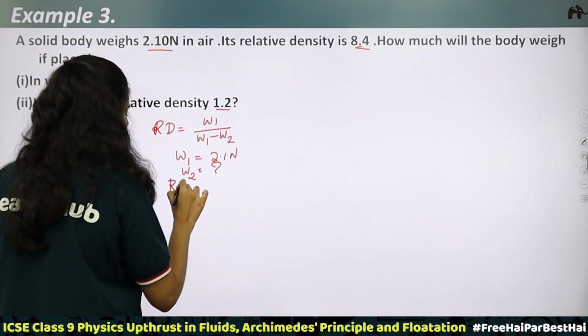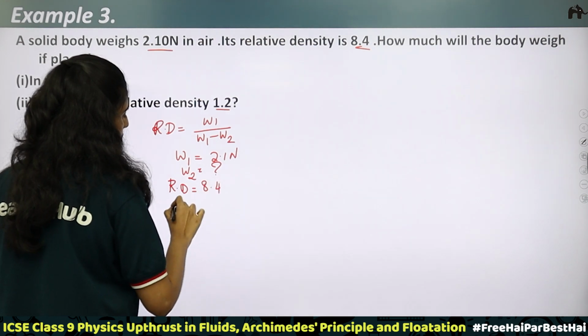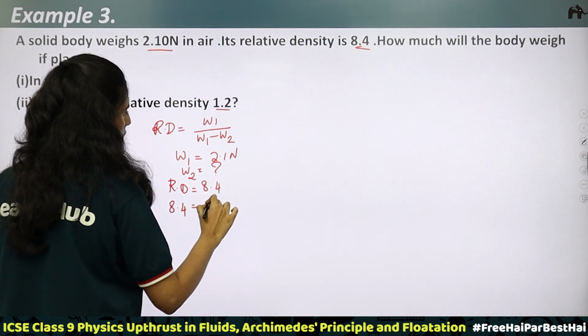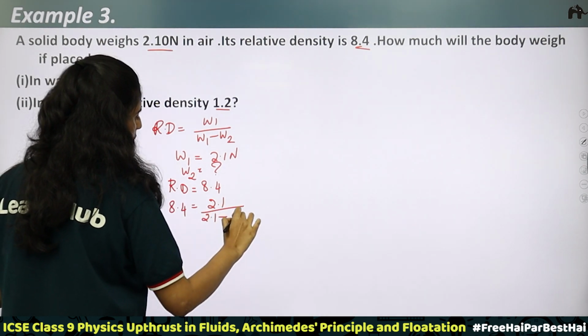Then what else is given? Relative density is equal to 8.4. So substituting, 8.4 is equal to 2.1 divided by 2.1 minus W2.